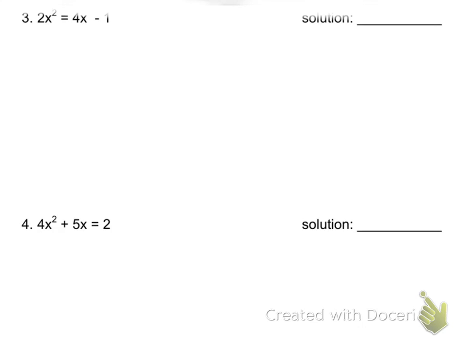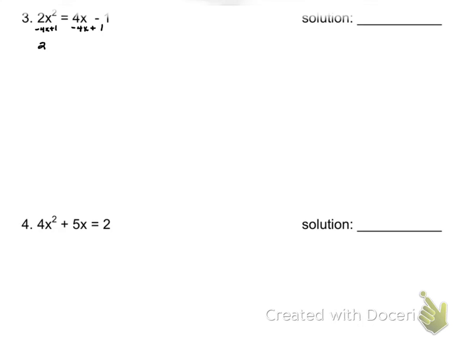Okay. Now if we go on to our next problem, on this one we've got to move some things over. We've got to subtract the 4x and add the 1. And then minus 4x plus 1 on both sides.